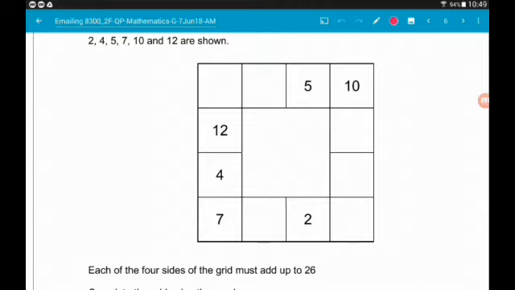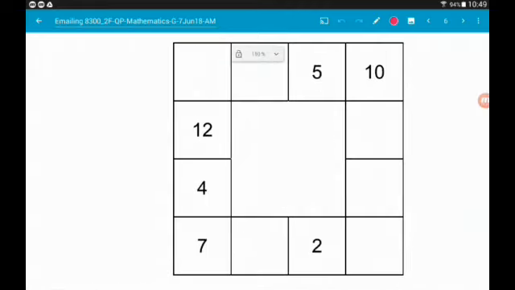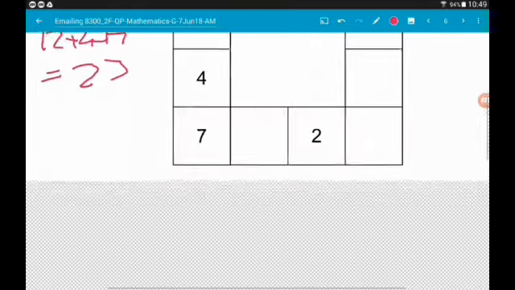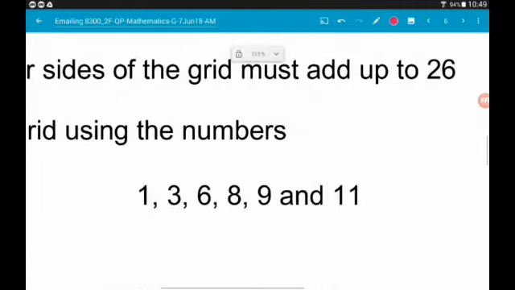Yes, it does, and that is the top left side. So 12 add 4 add 7 is equal to 23. So for this left hand side to add up to 26, we're going to need to put 3 in the top left. So let's cross them out as we go.